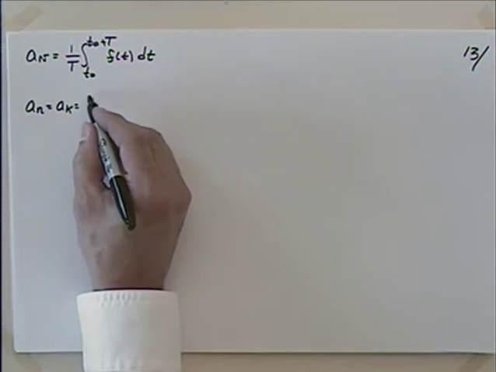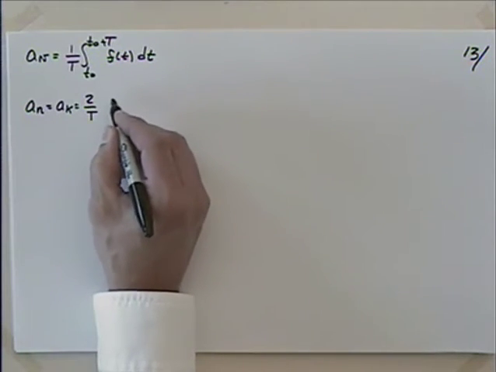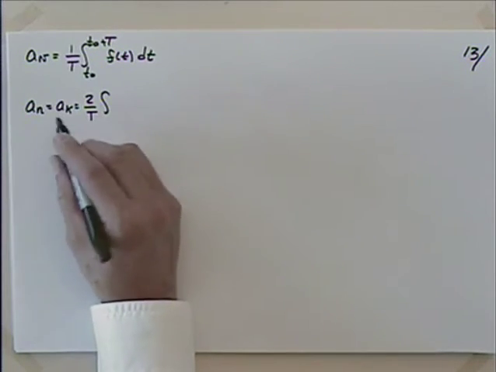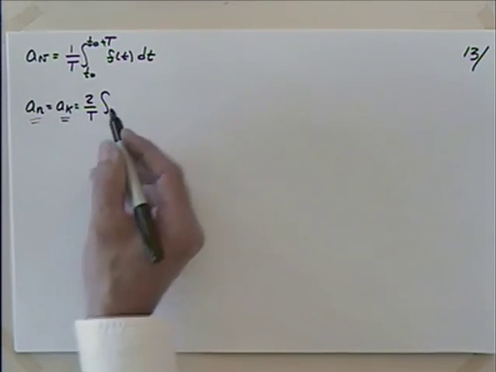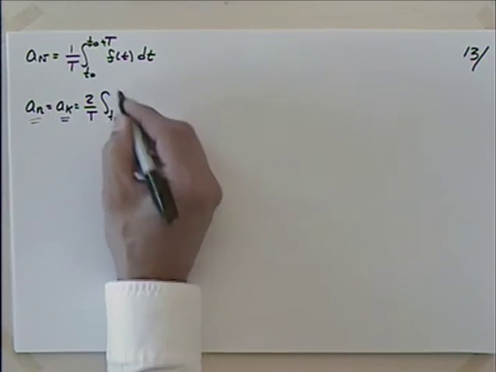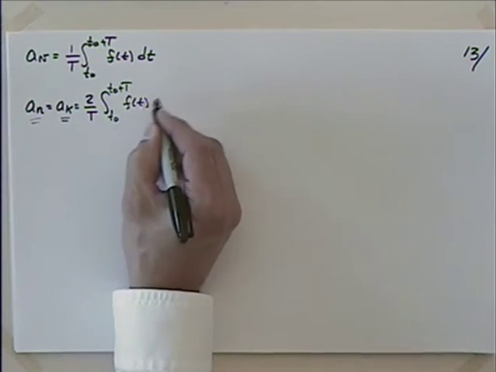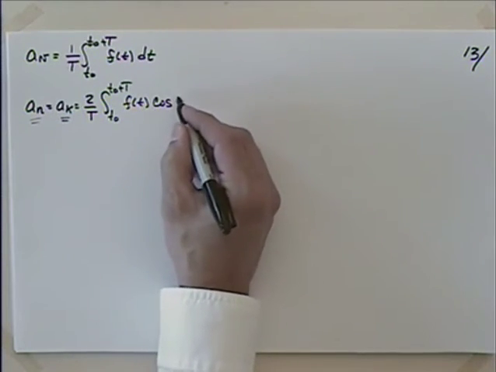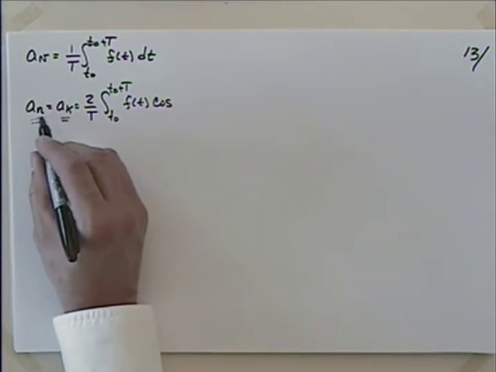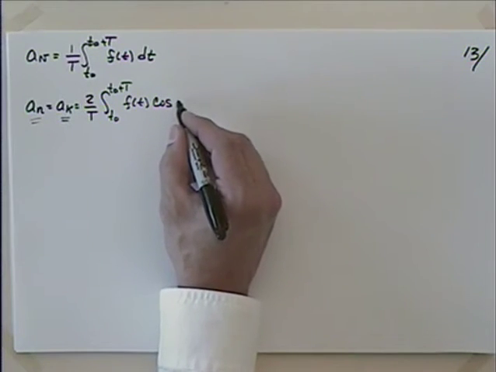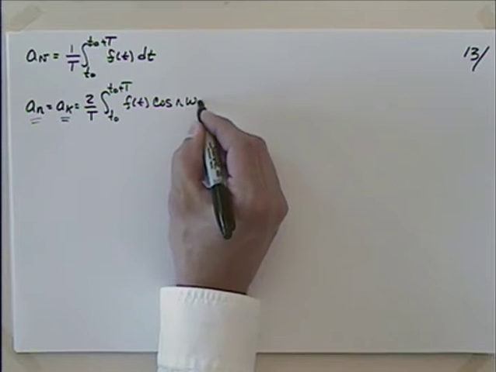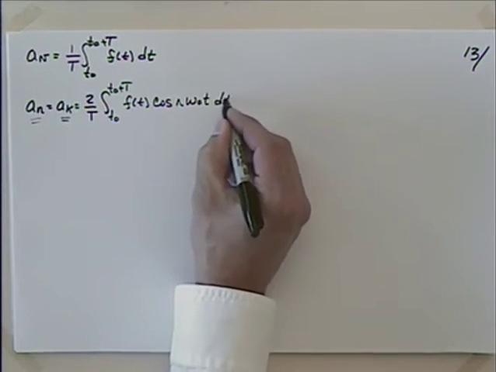We can say it is 2 over T times the integral from t naught to t naught plus T of f of t cosine of n omega naught t dt, whether it's n or k, maybe I'll stick with n.